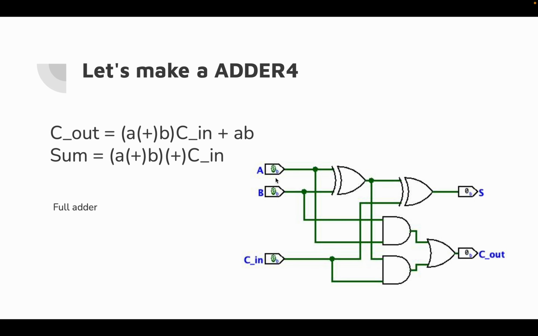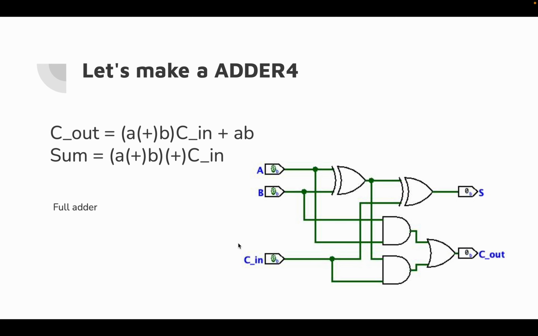What that will look like is we have A and B right here, and our carry in is going to be this one right here. Then we have the carry in with B, this part of the equation. As we can see, this is our sum, and this is our carry out, with our carry in also being an input.